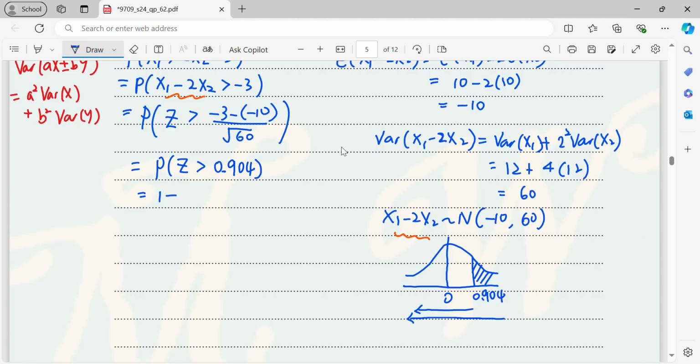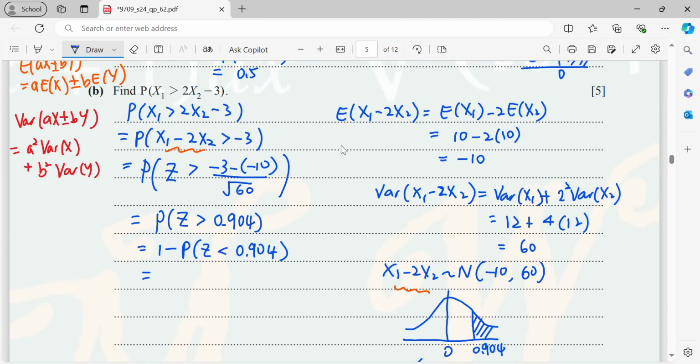So that means here is 1 minus P(Z < 0.904). And now you get the probability from the table. So it will be 1 minus 0.8169, and at last you will get 0.1831, that is about 0.183. So done for this question.